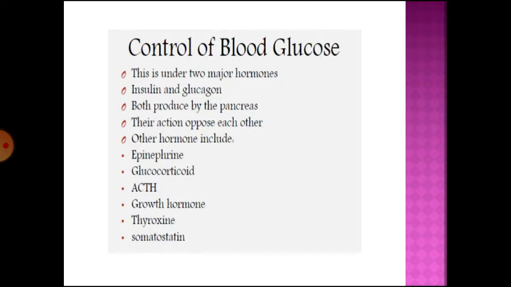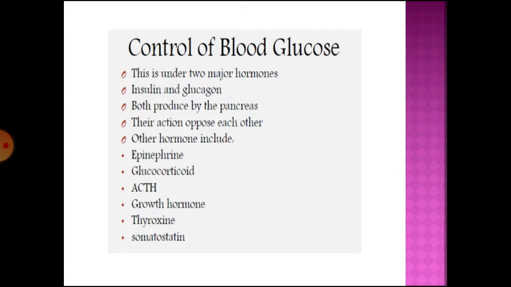The hypoglycemic action includes insulin, and the hyperglycemic hormone action includes different types of hormone, including growth hormone, thyroid hormone, glucagon, epinephrine, adrenaline, and cortisol. All these hormones act against insulin, so they are also known as the hyperglycemic hormones.